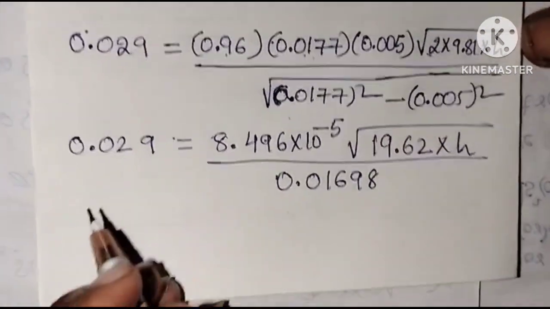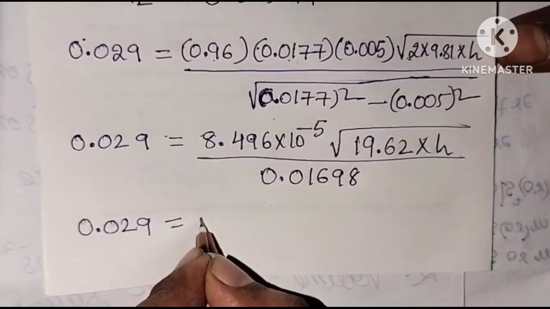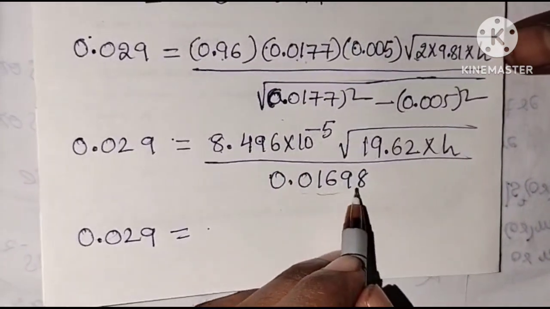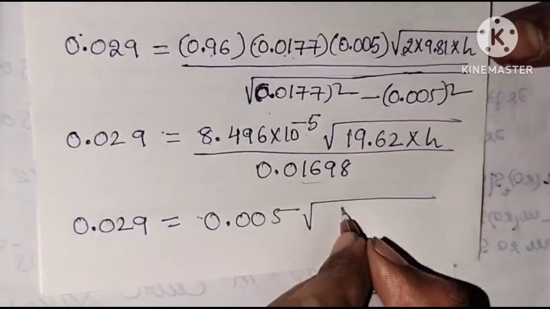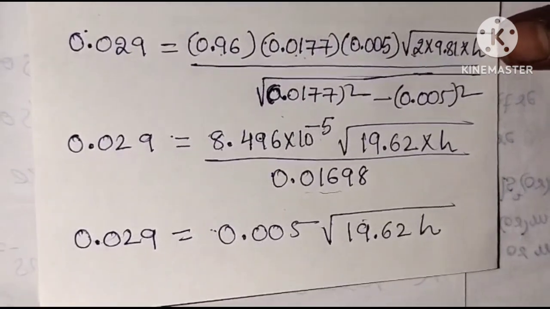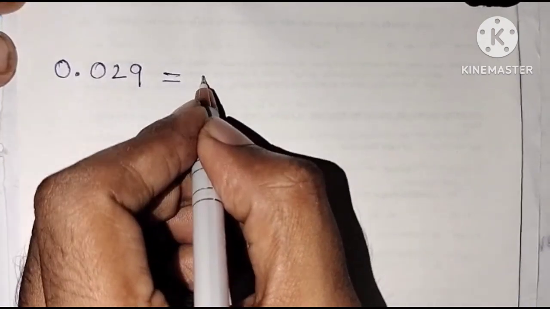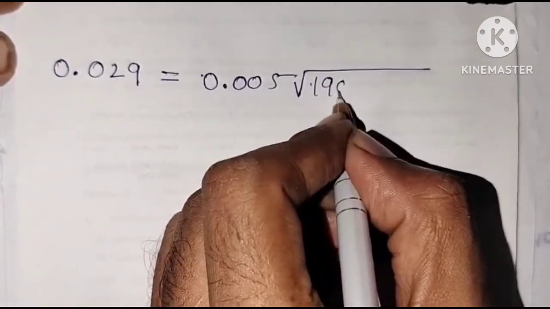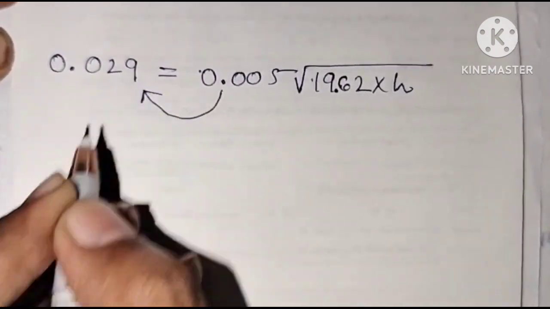Okay, 0.029 is equal to, if you calculate 8.496 into 10 to the power minus 6 by 0.01698, you will get around 0.005 into root over 19.62H. So 0.029 is equal to 0.005 root over 19.62 into H.